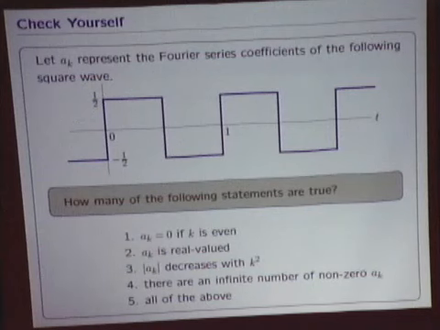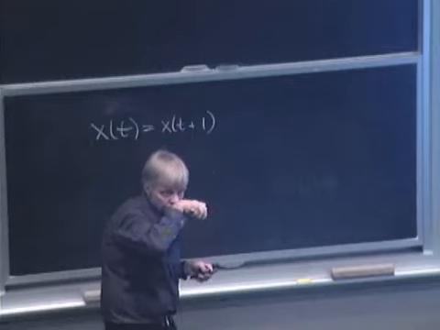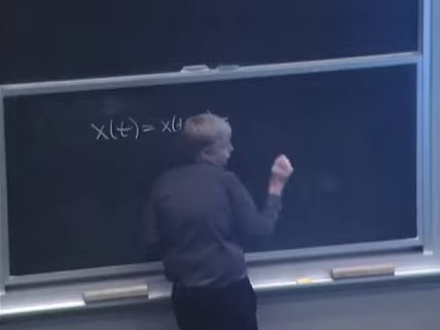How do I tell how many terms in the Fourier decomposition are odd and even? What is the Fourier decomposition? So let's start by just writing some definition. I want to say that x of t, let's see, I have a period of 1. That's the same as x of t plus 1, right? And I want to write this as some sort of a Fourier thing.